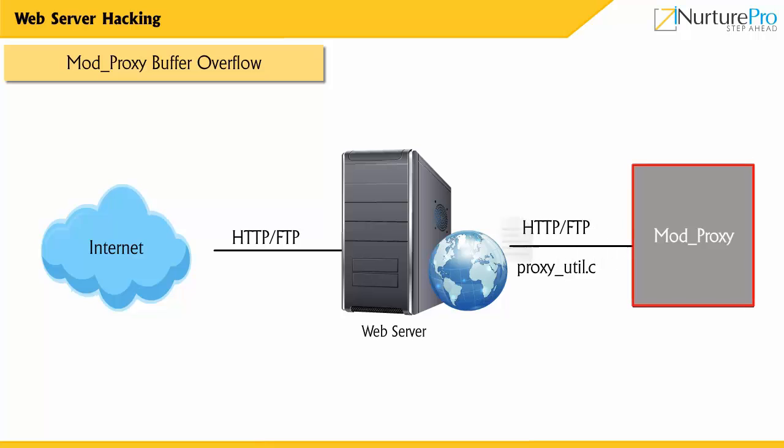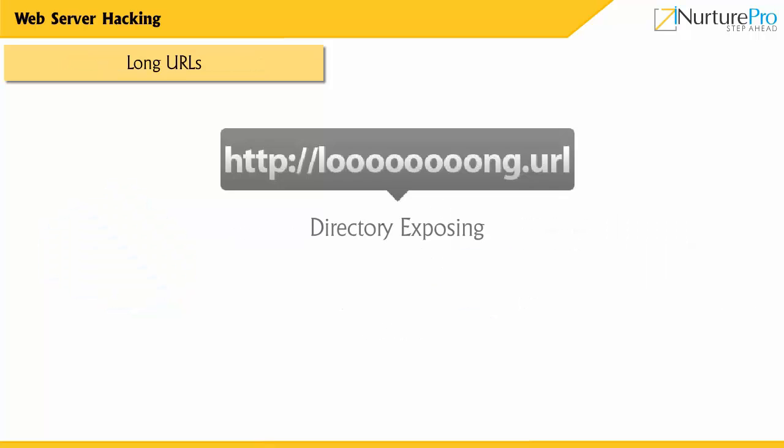The mod_proxy module is used by Apache servers to configure a proxy server for both HTTP and FTP protocols. A specific module file, proxy_util.c, can sometimes result in a buffer overflow in a web server, which enables the execution of malicious code or a DoS attack.